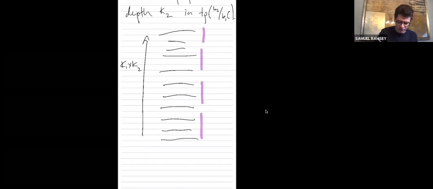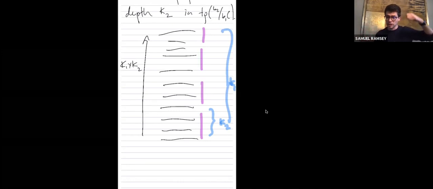So each piece will have size kappa 2, and there are kappa 1 of them. So the idea is you think about kappa 1 times kappa 2 being ordered lexicographically. That means for each alpha in kappa 1, you have kappa 2 many things, which are sort of its associated y coordinate. And so you can break up this array into a bunch of pieces.